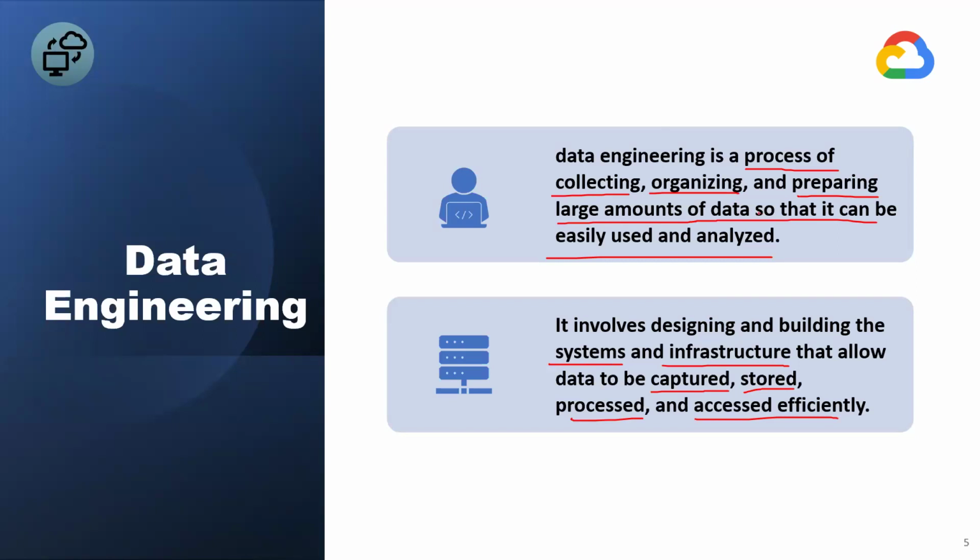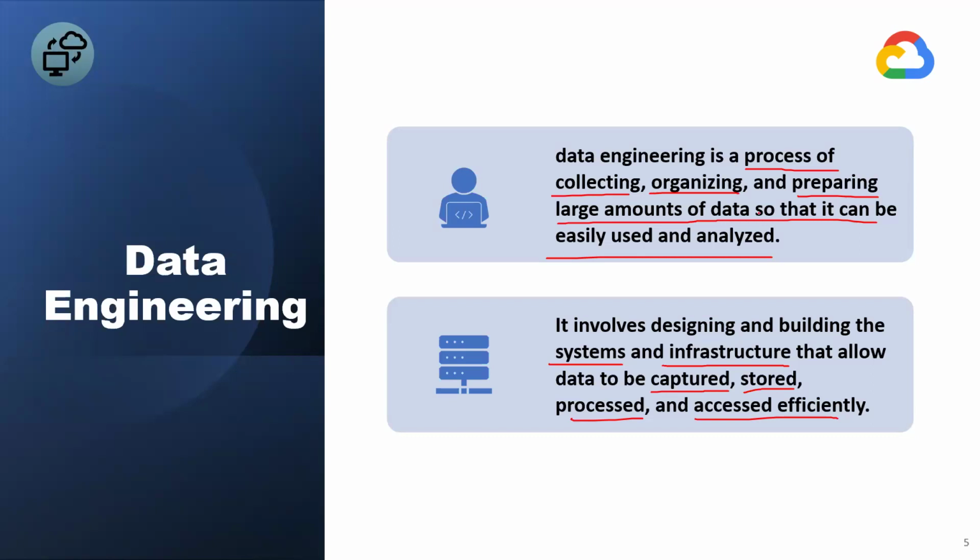So if I want to create a pipeline, I should be creating some kind of infrastructure. Okay, sir, I want to do the PySpark job. I want to submit a PySpark job to the cluster. You must create the cluster first. That is what infrastructure is. So you should be creating a system or the infrastructure that allows the data to be captured, stored, processed, and accessed efficiently.